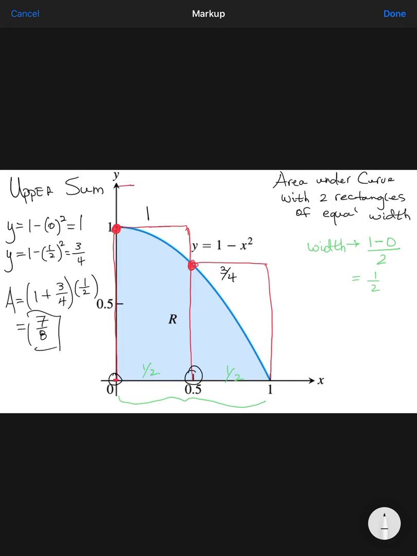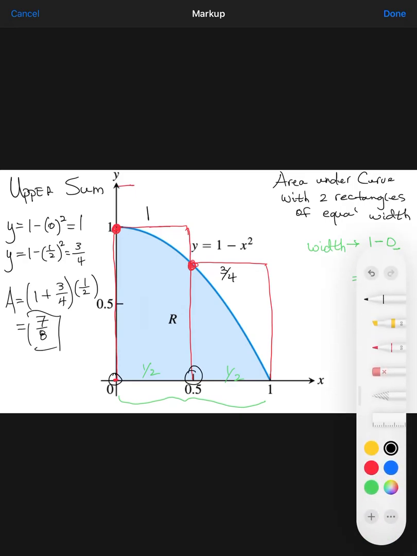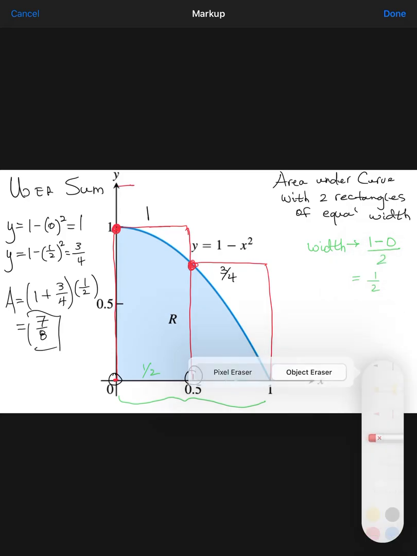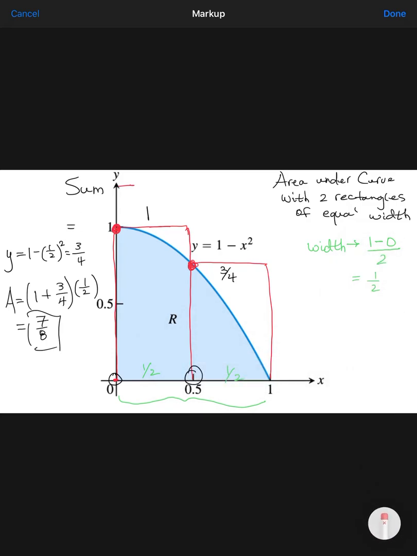Now, let's say the problem said find the lower sum. Finding the lower sum. Go ahead and erase this off right quick, and we're going to change this. All that can go.